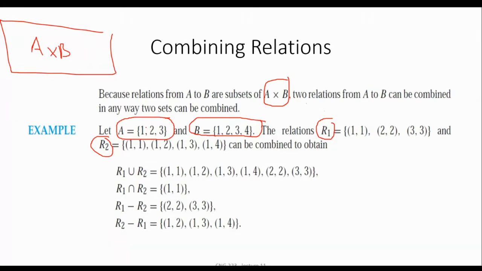A contains only single values, B too, but here for R1 and R2, as you see, we have pairs of elements. So these can be combined by using the same operations as we use inside sets. So if you know how to deal with them, of course, you know how to deal with these relations as well. Nothing different. The logic is exactly the same.